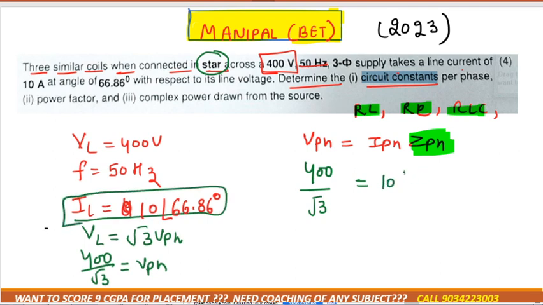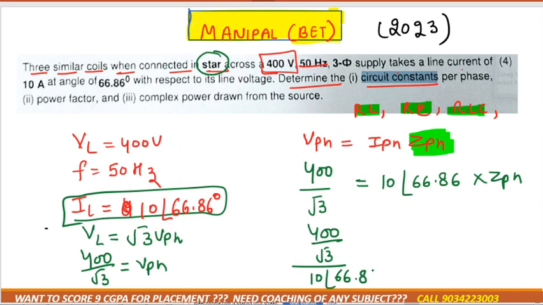So we can directly write 10 angle minus 66.86 multiplied by ZPH, right? So again 400 divided by root 3 divided by 10 angle minus 66.86, you will get it as ZPH. First of all, tell me any doubt up to here?